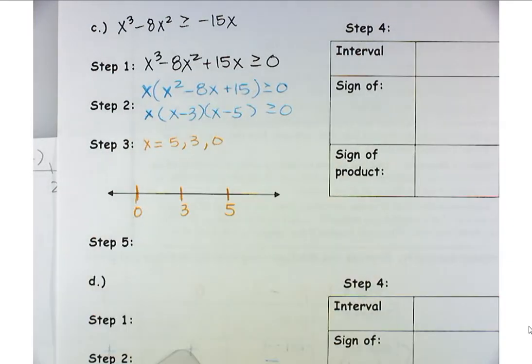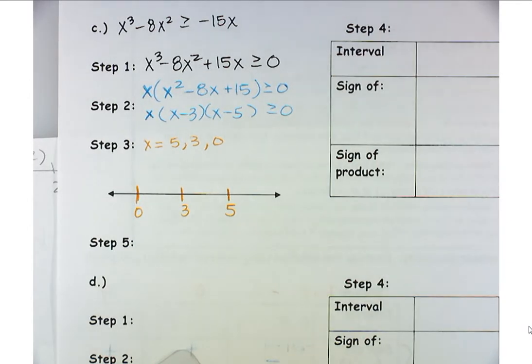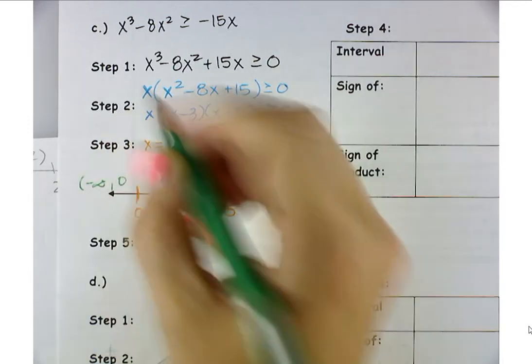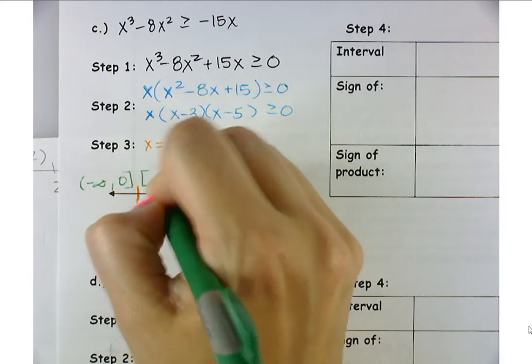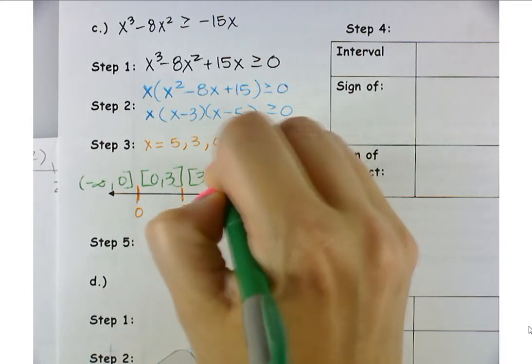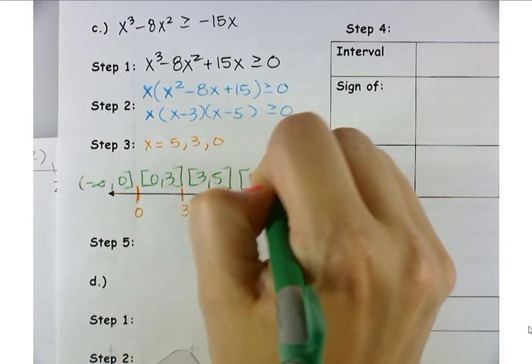And then when I'm making my intervals for this one, Michaela, can you tell me if I'm going to have hard brackets or soft brackets? Hard. Good. How did you know? Because it's greater than or equal to. Good. So you have the greater than or equal to, which tells you you're going to have hard brackets.